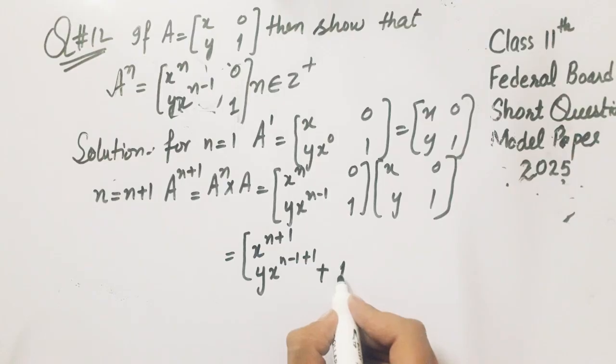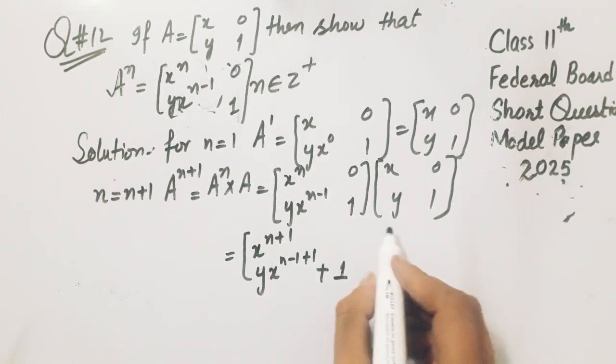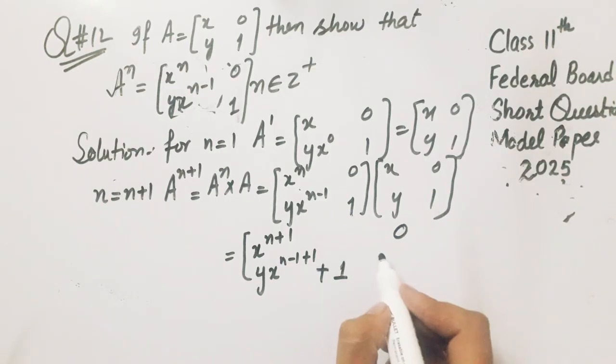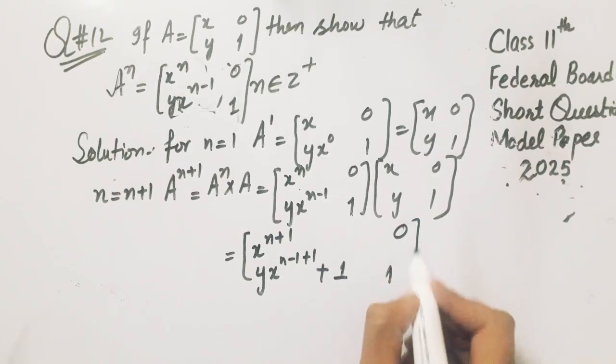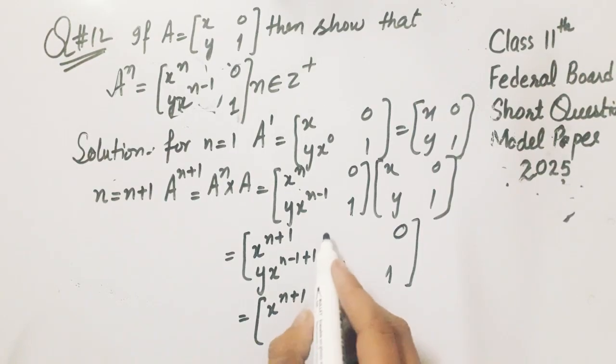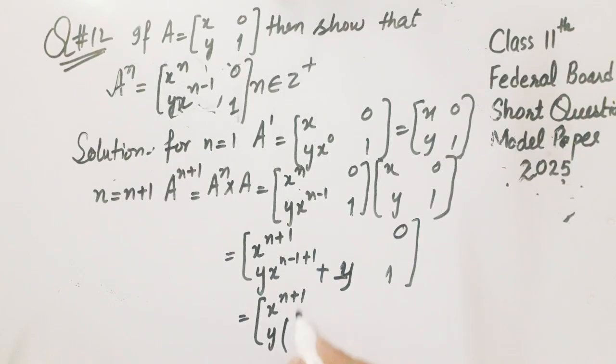x raised to power n multiplied by 0 is 0, and 1 multiplied by this is 1. So by solving this further, you will get x raised to power n plus 1, y, x raised to power n minus 1, 0, 1.